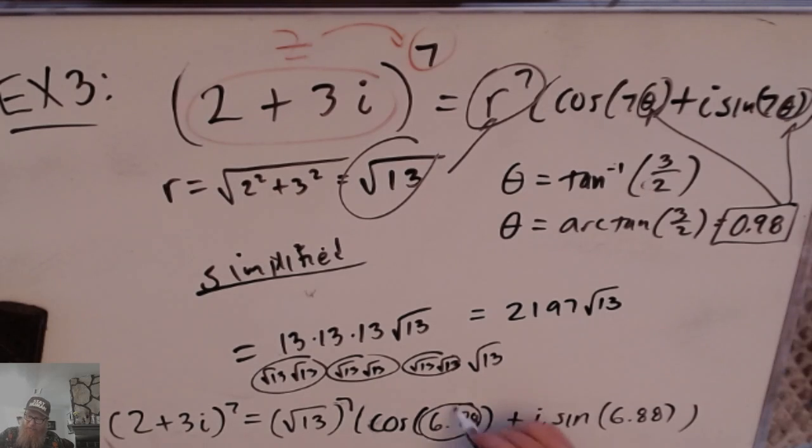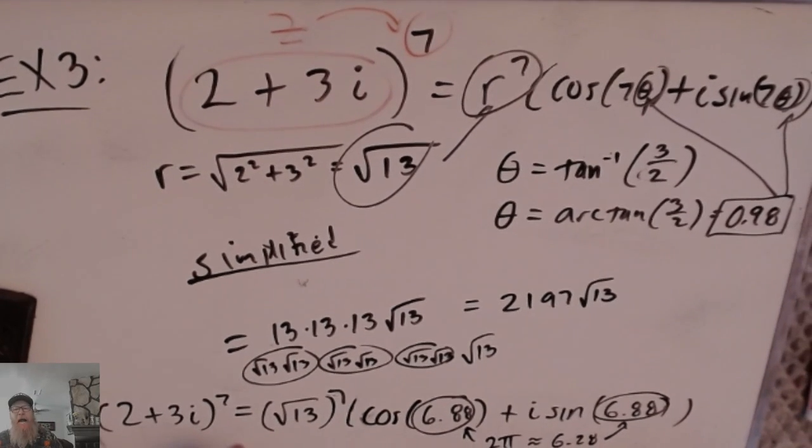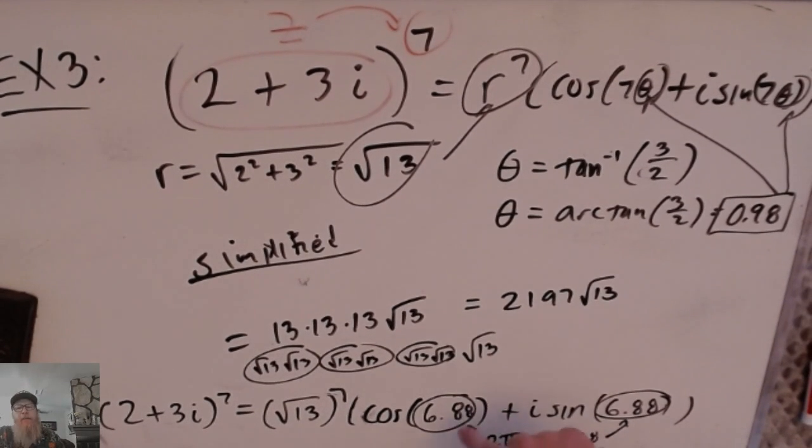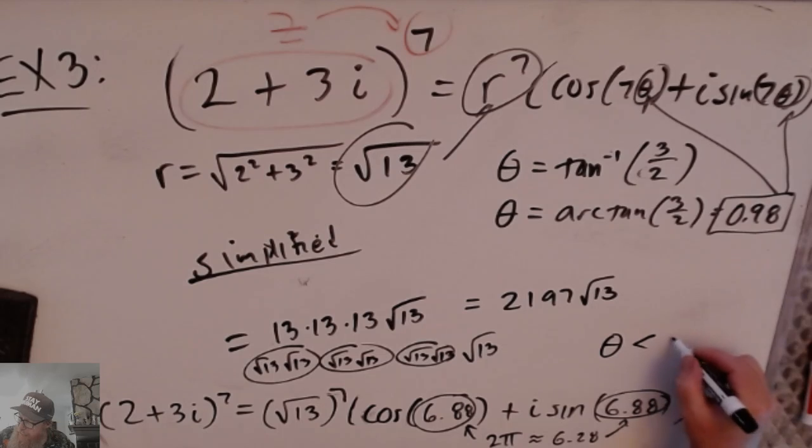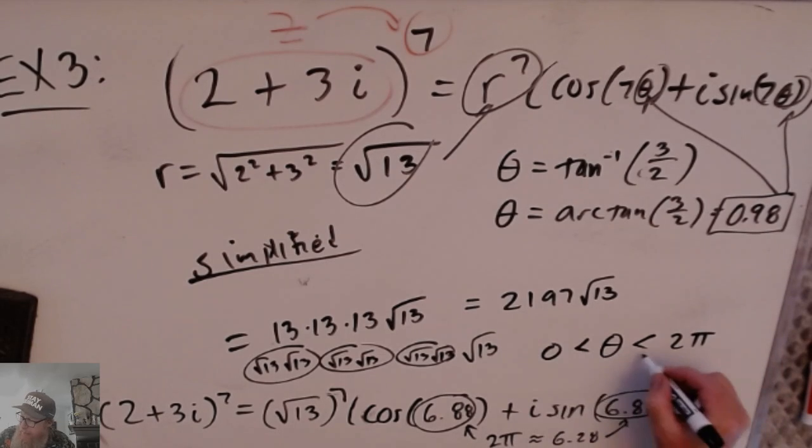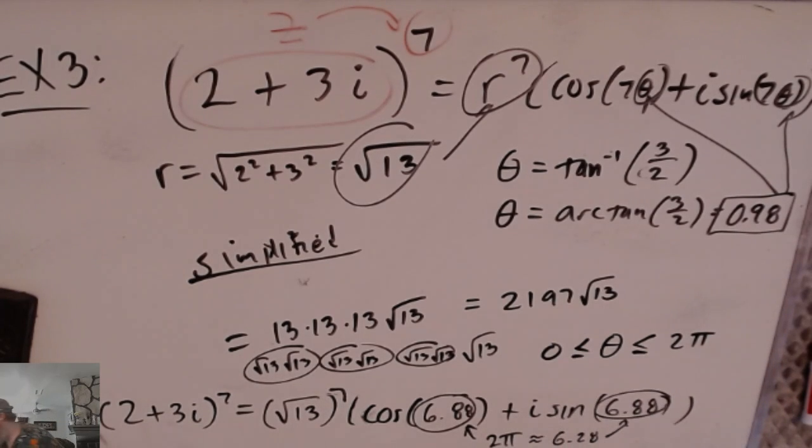And then 6.28 is the same as 2 pi. So you can actually subtract 2 pi from this to simplify the angle. Now, you're not required to, but you should give me an angle between 0 and 2 pi if instructed.